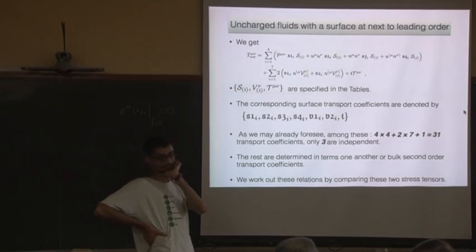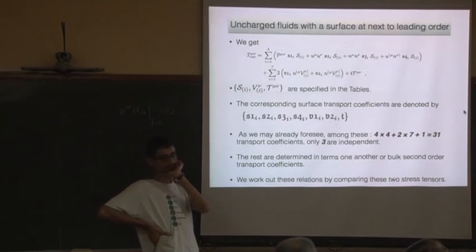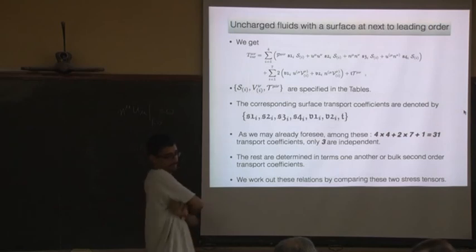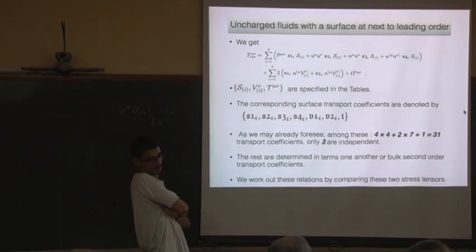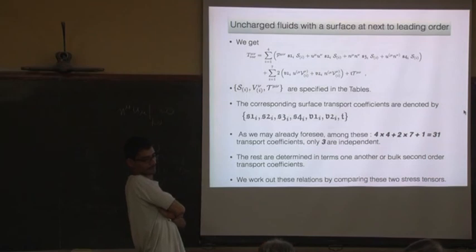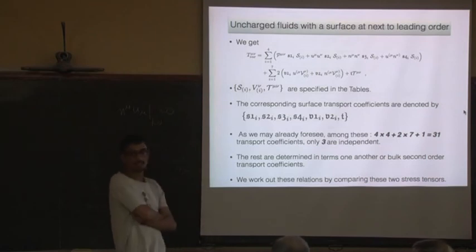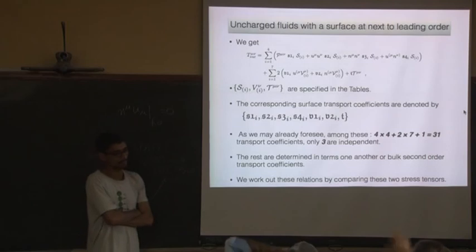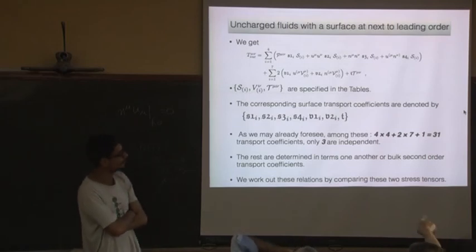That probably is enough. I don't remember whether positiveness of the divergence of the entropy current is enough, or you have to actually saturate it. I think it's equality-type constraints. Yes, then it gets reduced from 31 to 3.